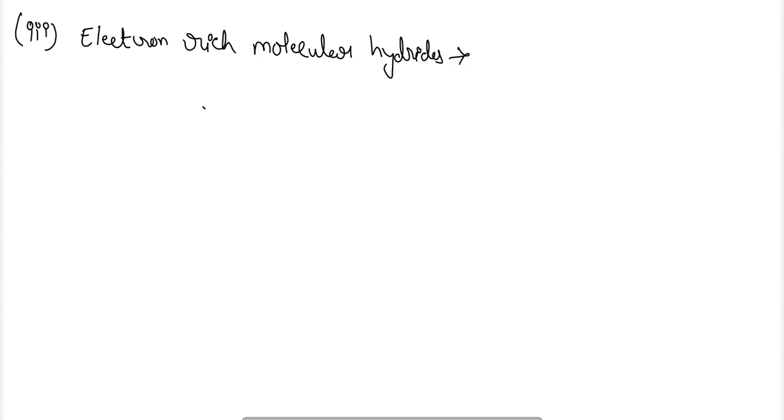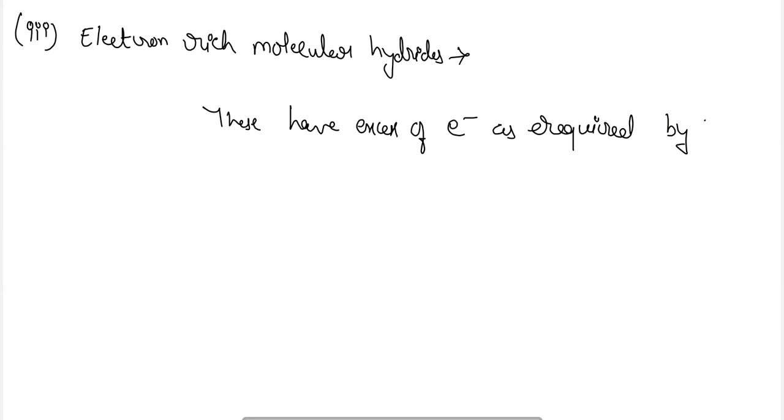Electron rich molecular hydrides have an excess of electrons as required by conventional Lewis structures.